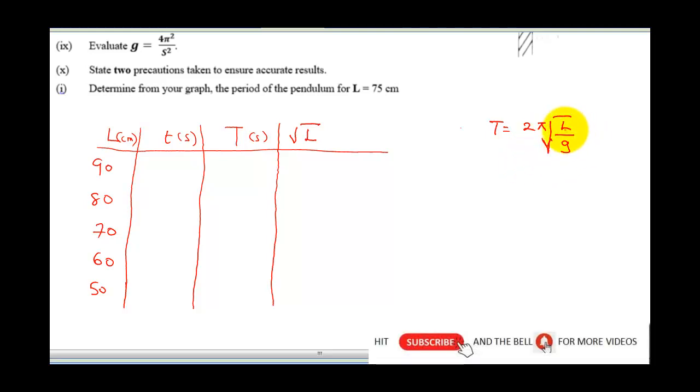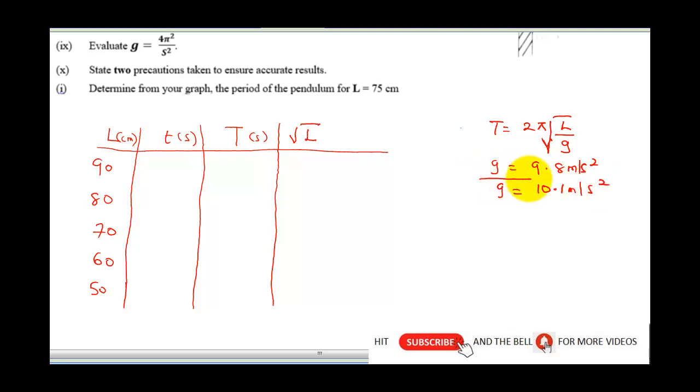Now, on the basis of this, if you want to do this without the practical, what is your g? g is 9.8 meters per second squared. But in this question, change the value of your g. You can decide that your g is going to be 10.1 meters per second squared.